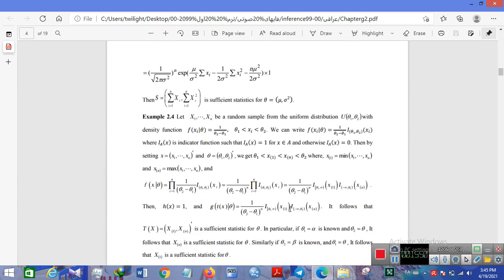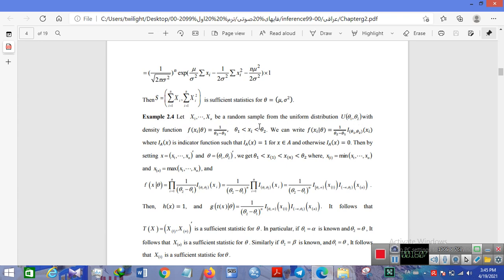Next example. Let X1 to Xn be a random sample from a uniform distribution (theta 1, theta 2).